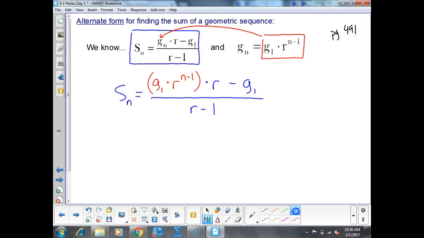Recalling my exponent rules, whenever I have the same base with exponents, I add those exponents, and this exponent right here is 1. So n minus 1 plus 1 is just n. So this becomes G sub 1 times r to the n power, then minus G sub 1 all over r minus 1.